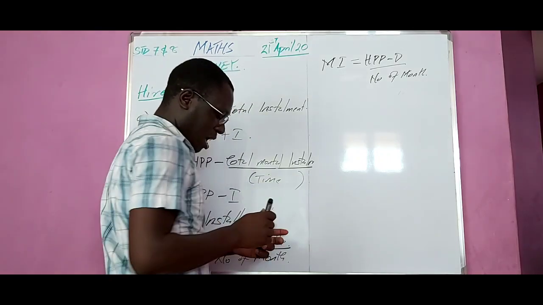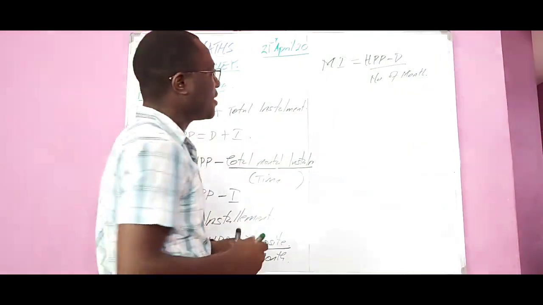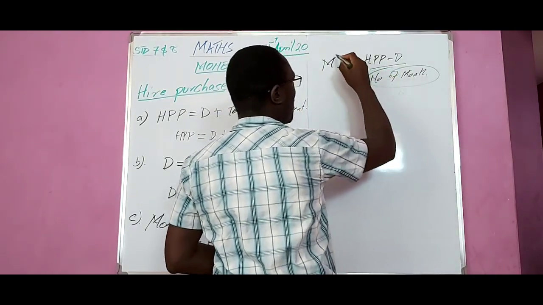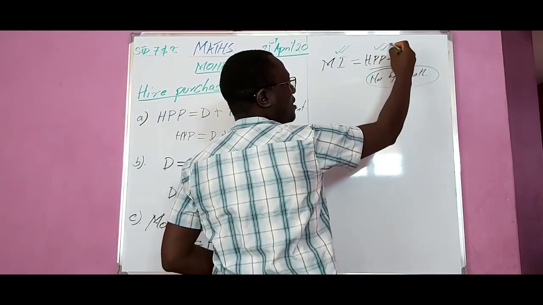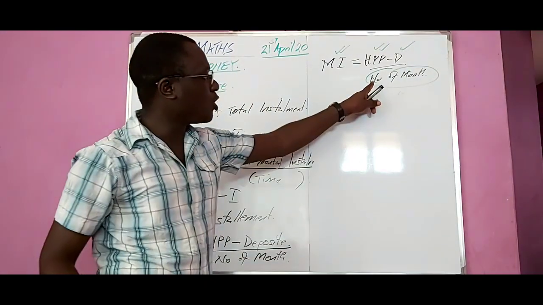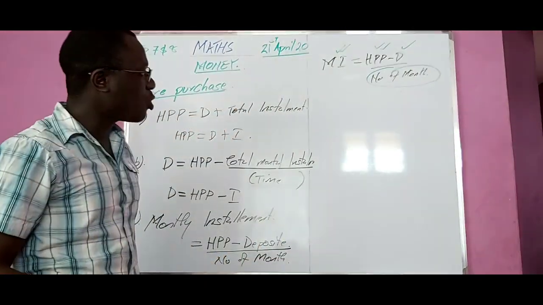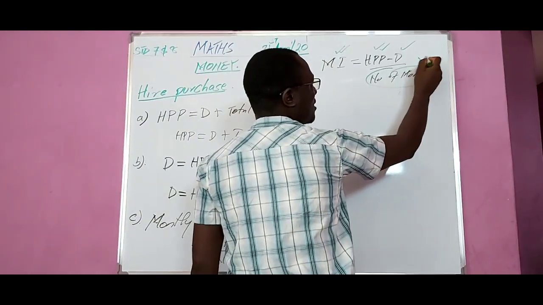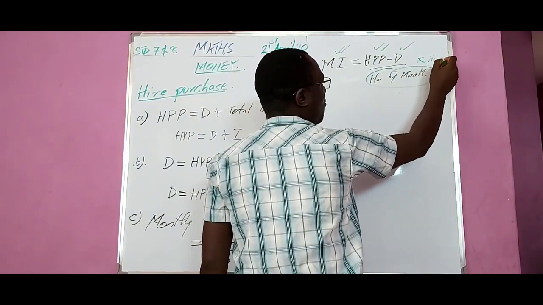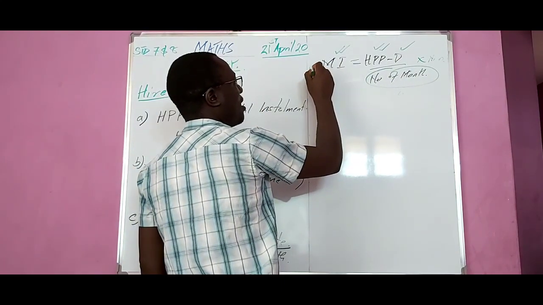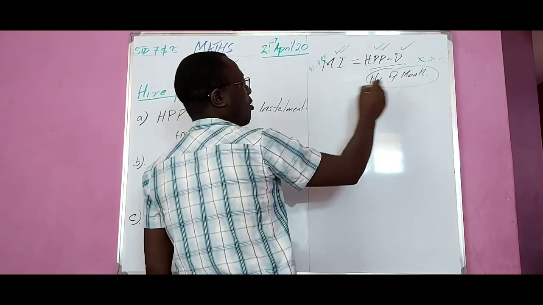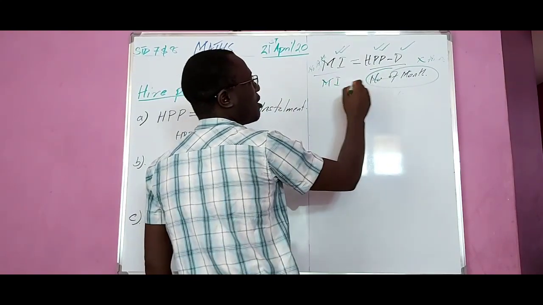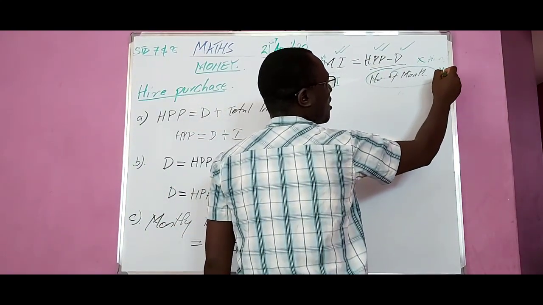Now, what we don't know is this one. We have been given monthly installment, hire purchase, and a deposit. But we don't know number of months. How do you work it out? From this formula, we shall multiply this side by number of months. We cancel this one with that one. This side divided by monthly installment, we divide this side by monthly installment.